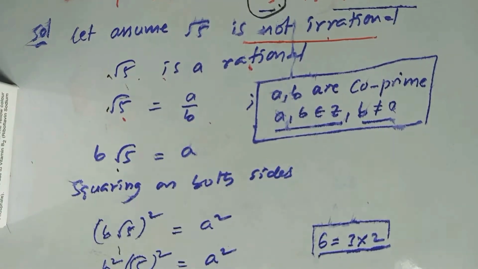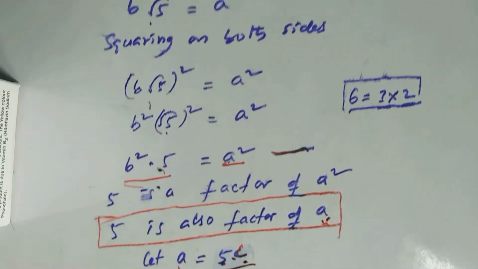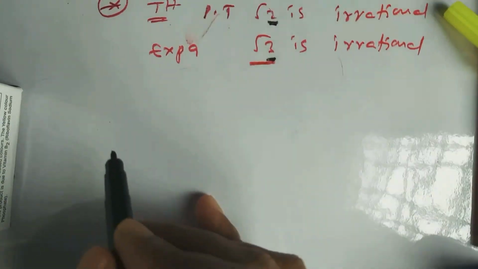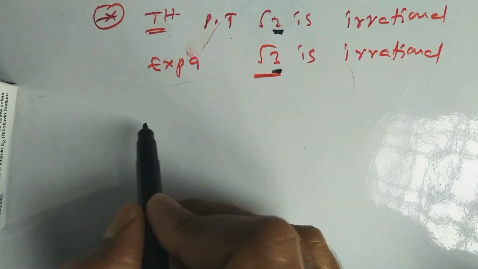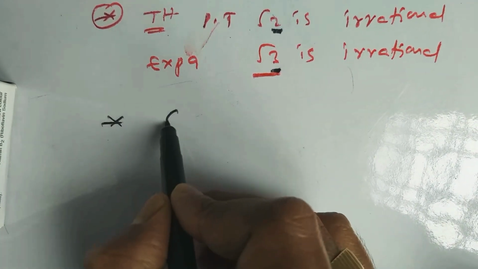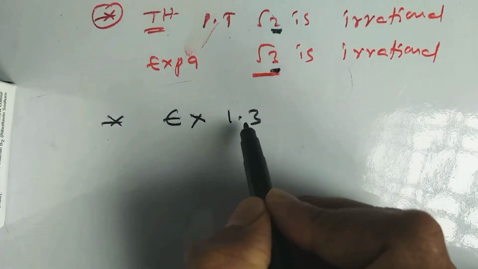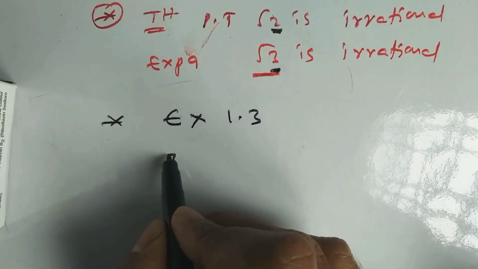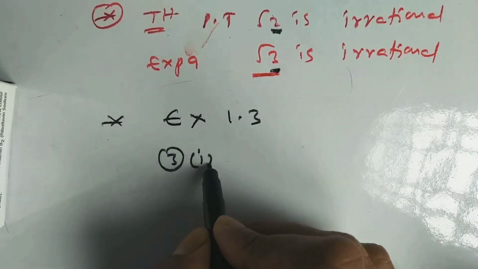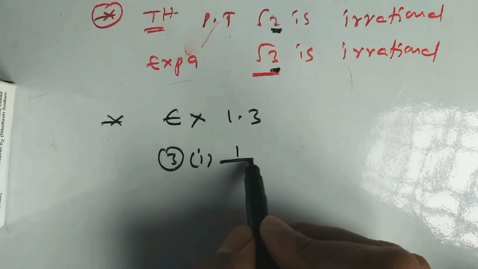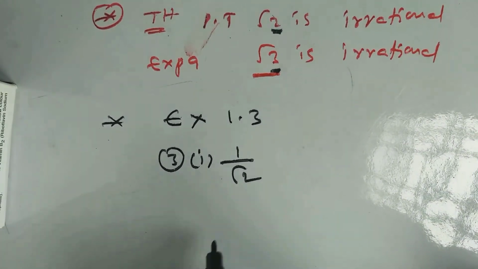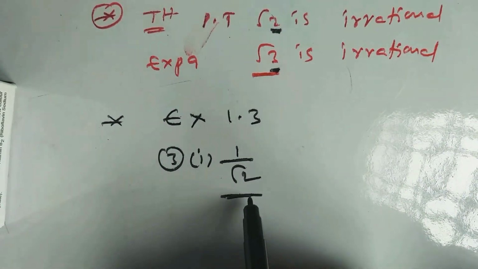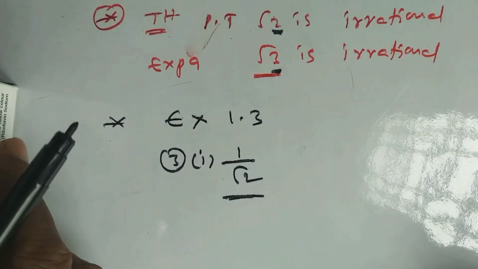Now I want to tell you a very important problem in the textbook. There is a third question in exercise 1.3, the third question, first part: 1 by root 2. How can we prove that 1 by root 2 is an irrational number?